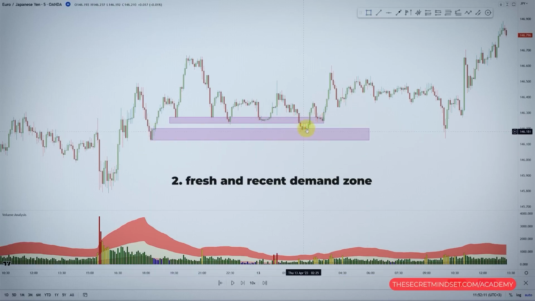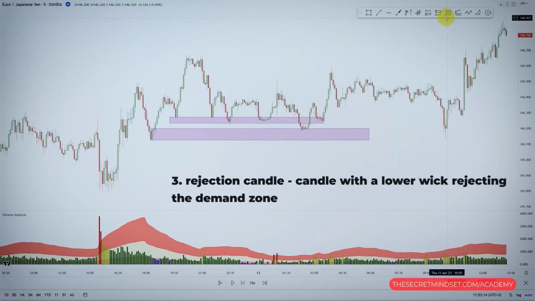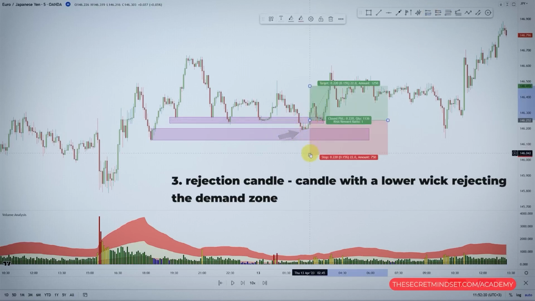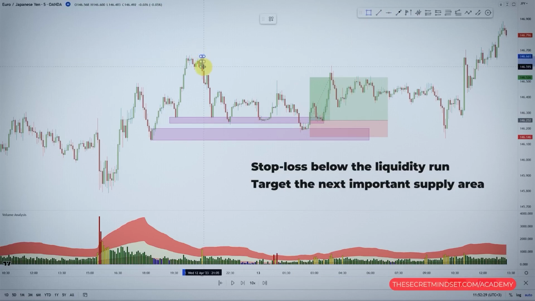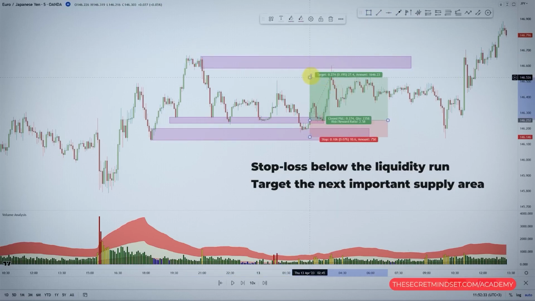Once the price touched our demand zone, we confirmed its validity after we saw this candle with a lower wick, a rejection candle. A long position after the demand rejection, after the liquidity clearout, was the correct trade in this case. Stop loss below the liquidity run, and you target the next important supply area.